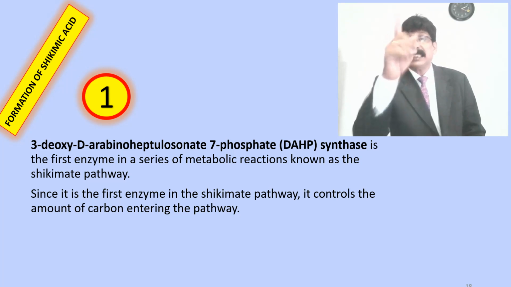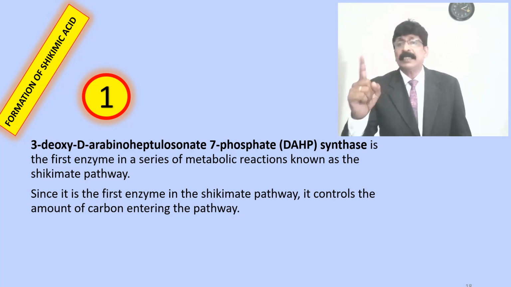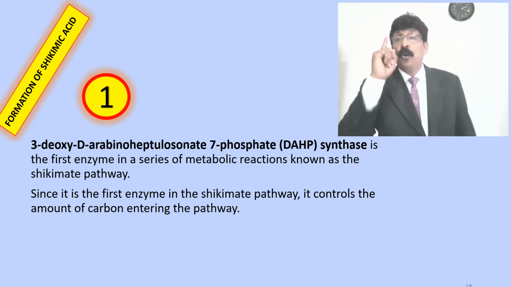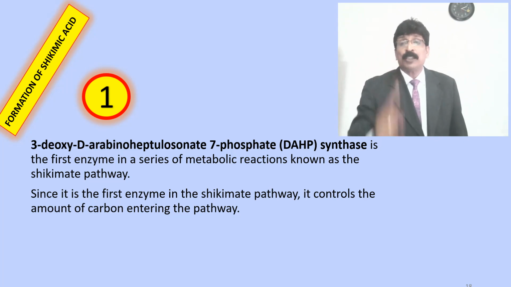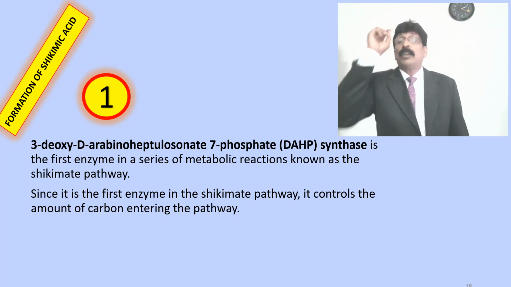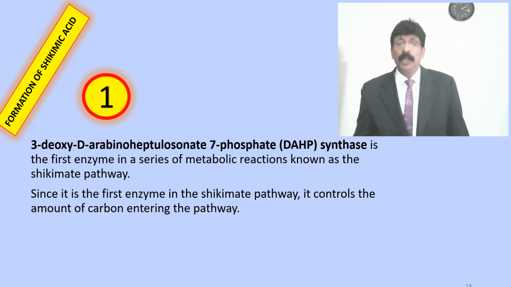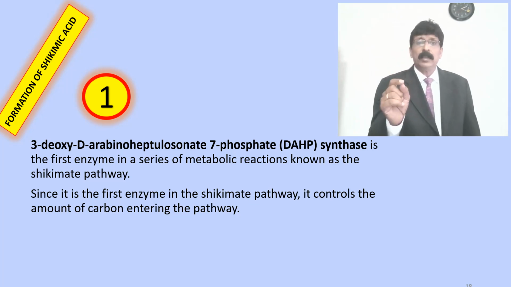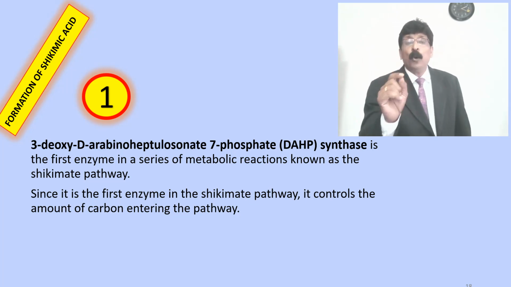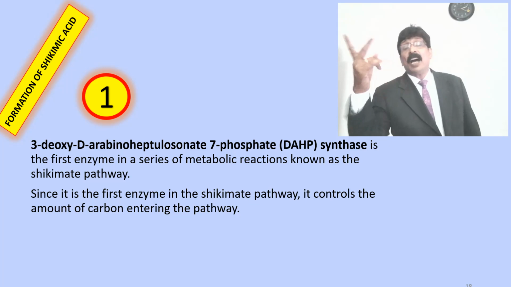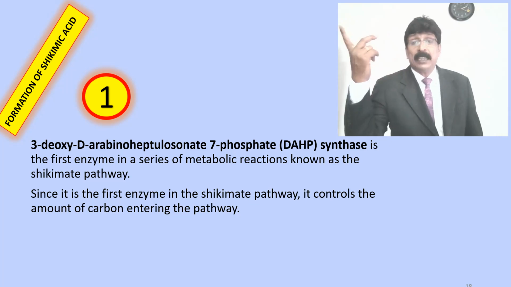The first enzyme in this reaction: students should always know the enzymes responsible, and the structure's name will automatically come in the enzyme name itself. 3-deoxy-D-arabino-heptulosonate 7-phosphate synthetase, DAHP synthetase. Heptulo means a 7 carbon compound, 3 plus 4, is going to form.